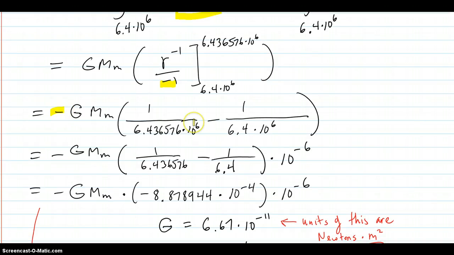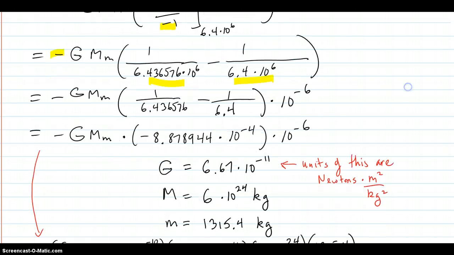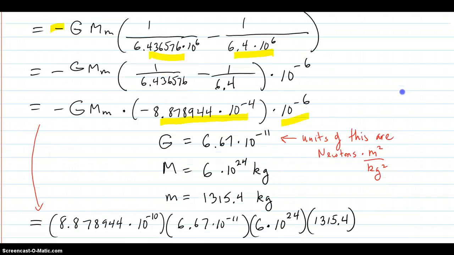I have the 10 to the 6th, those numbers down in the bottom because it's 1 over r. I factored out a 10 to the negative 6 to be multiplied in the numerator here. Did these two on a calculator, got this answer inside there for the subtraction of fractions, and you still have your 10 to the negative 6.